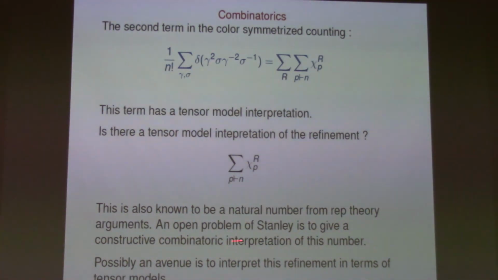So a lot of the time what these representation theorists or representation theoretic combinatorists are interested in is that some number which you know is positive, is there a nice constructive combinatoric interpretation, just like for the Kronecker coefficients. So this is one of these open problems, to find a nice constructive combinatoric construction which produces this number and thereby shows that it is a zero or a positive integer.